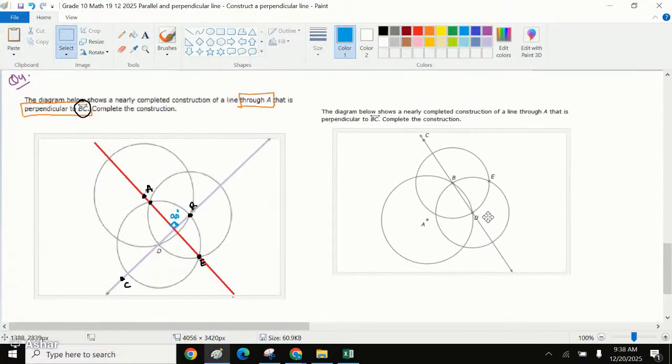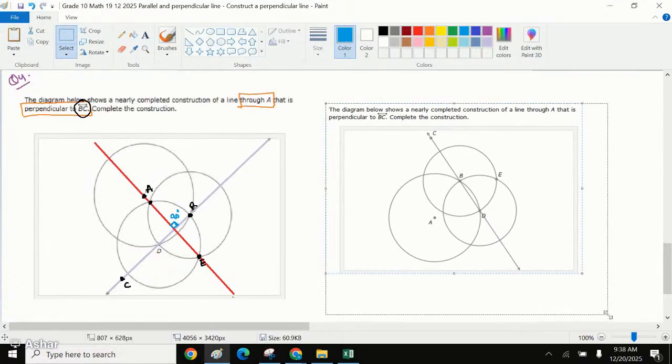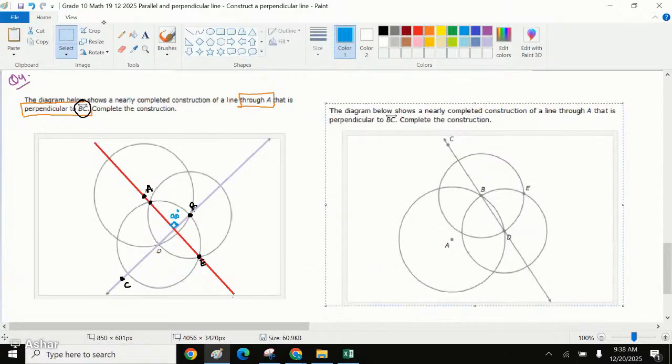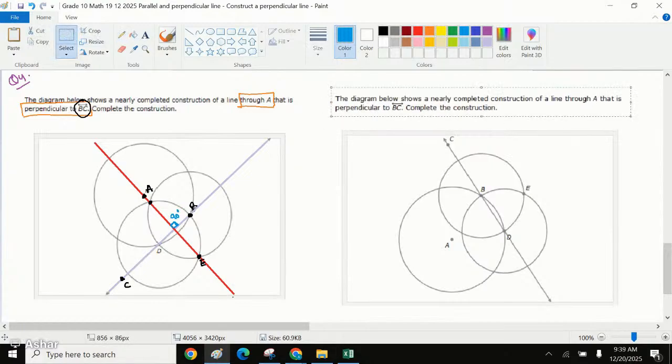For question number 5, it says passing through point A. The diagram below shows a nearly completed construction of a line through A. It is passing through the point A that is perpendicular to the line B and C, right?